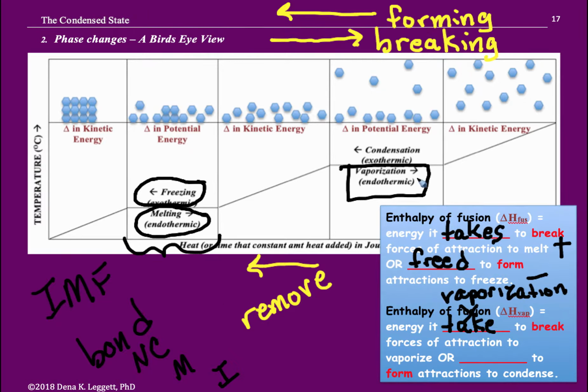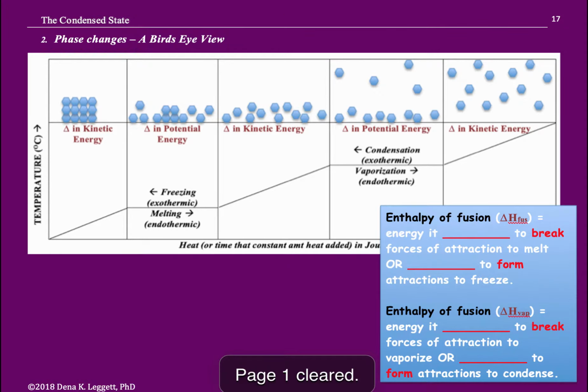That is going to be endothermic, or it's the amount that is freed to form attractions as they condense, and that is exothermic or negative. So that kind of gives you a sense of the overall picture of a heating curve and cooling curve. I'm not going to be doing calculations right now. I'm talking about this more qualitatively.